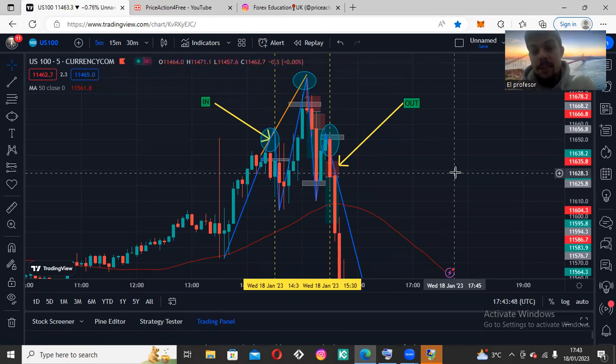But if you look at the setup, an easy setup that I use, definitely took those double bottom, double top, head and shoulders, and the opposite of that as well, you know? So, yeah, I would definitely be in that trade.